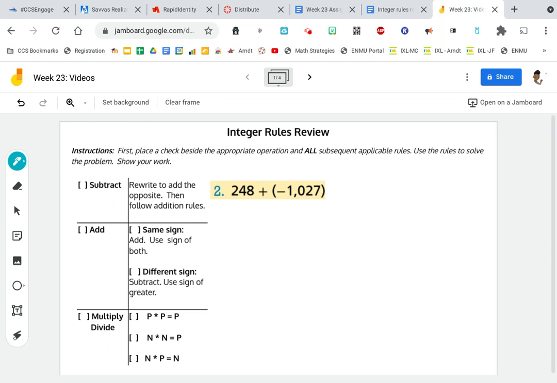We are going to start out our week with an integer rules review. When I refer to integer rules, I'm referring to what we do with those positive and negative numbers.